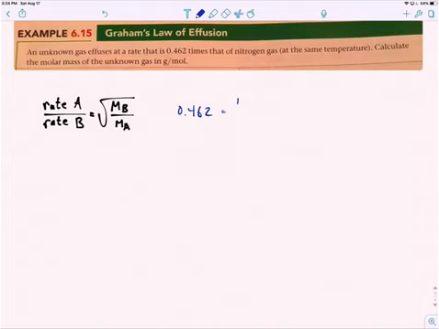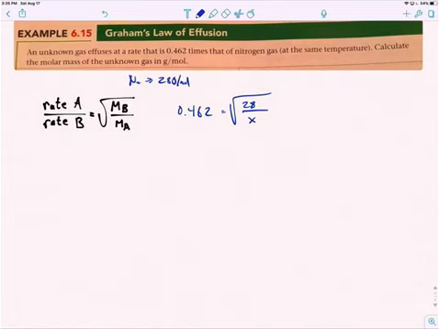Okay, put in the numbers here. Nitrogen is 28 grams per mole. So we have the square root of 28 grams per mole over our unknown mass. So what do we do? We square both sides, and then we multiply by x.